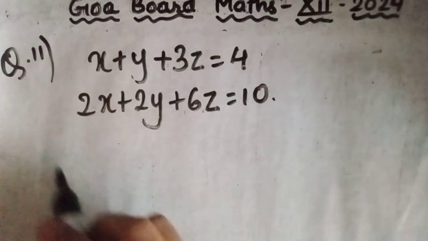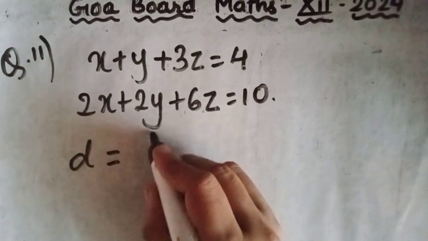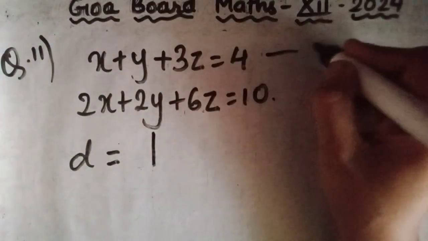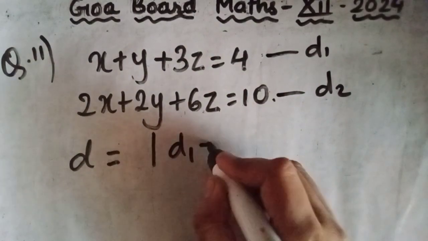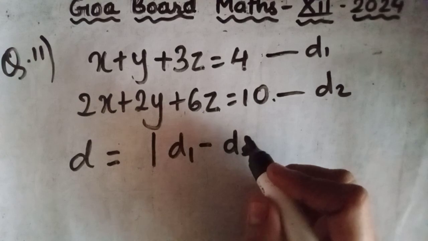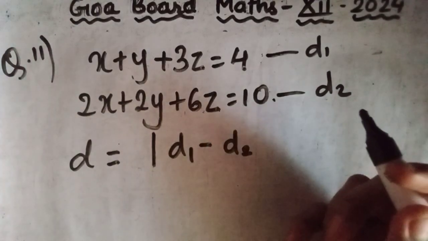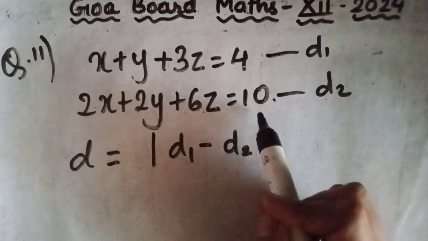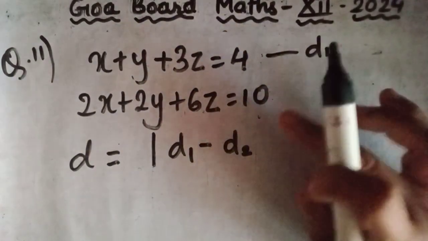So the formula becomes distance between the two planes as d1 minus d2, okay, this is multiplied by 2, right? So your d2 becomes 5.